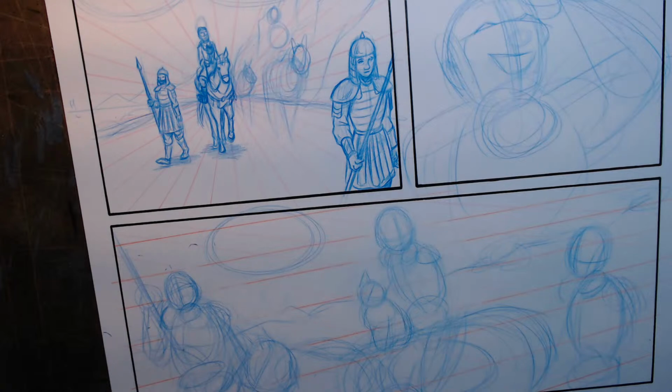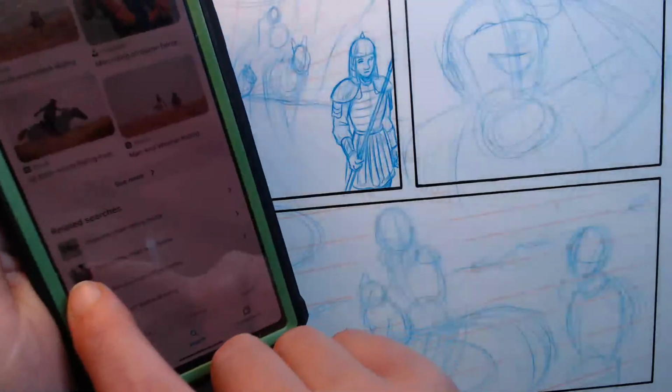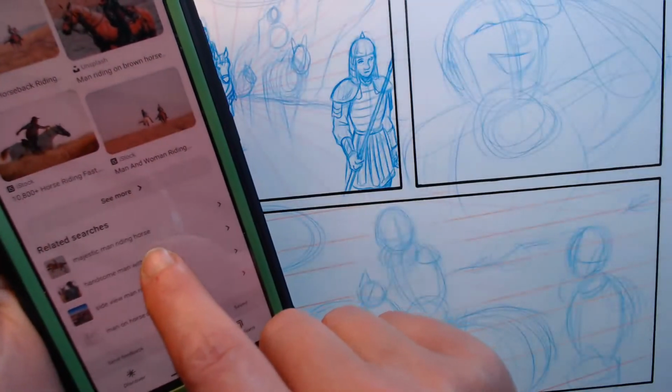Okay, now I need a 3/4 forward view. Oh, maybe I found a good one. I like how one of the suggested search terms is majestic man riding horse.